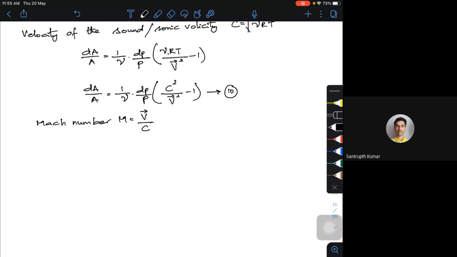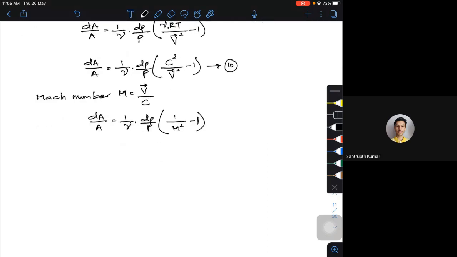Substituting that, dA by A is equal to 1 by gamma into dP by P into 1 by M square minus 1, or if I take M square common, the general form is 1 by gamma into dP by P into 1 minus M square by M square. So this is your final expression.